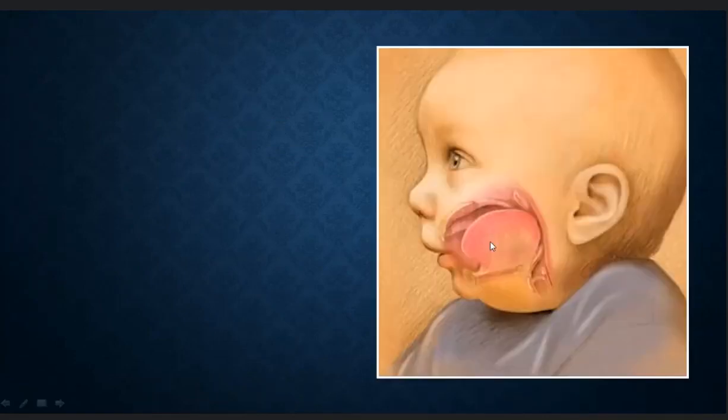So micrognathia, retrognathia. The lower jaw goes backward, and the tongue goes backward also, pressing on the upper airway, and it may cause obstruction. This is called glossoptosis.